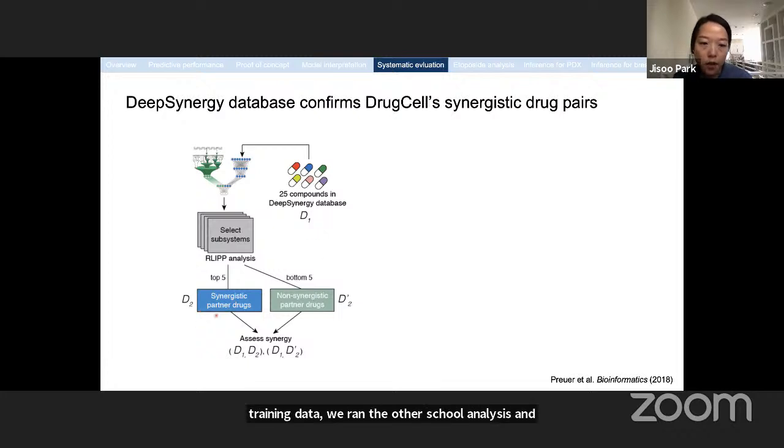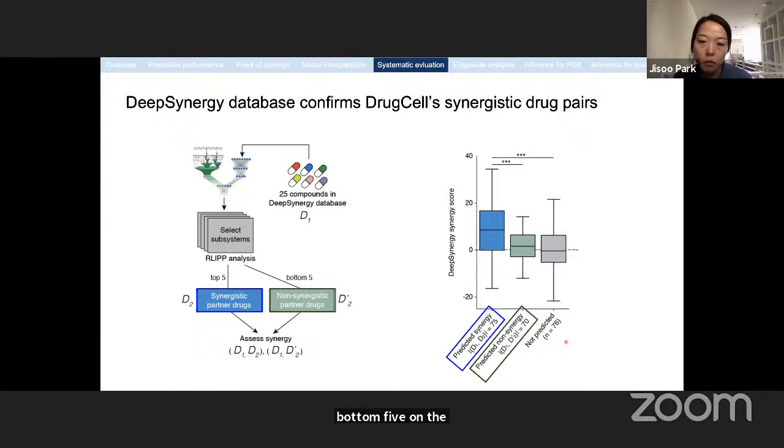And using the top 5 and bottom 5 Olive pathways, for each primary drug, we identified the potentially synergistic and non-synergistic secondary drugs and compiled the two sets of drug combinations. Our expectation was that the drug combinations compiled using the top 5 Olive pathways would have higher synergy scores than the ones compiled using the bottom 5 Olive pathways.